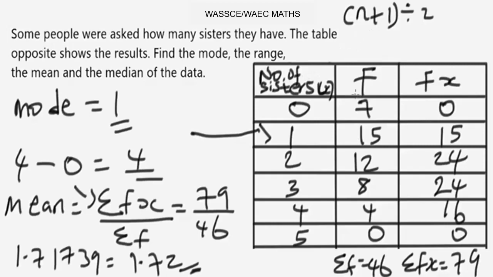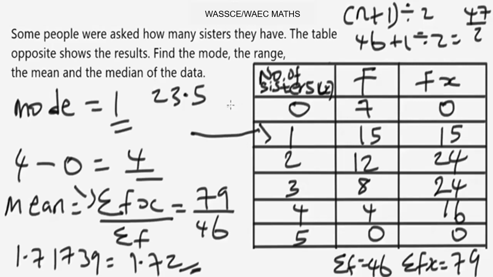So this is going to give us 46, our summation of the frequency, sigma f, plus 1 divided by 2, which gives us 47 divided by 2. When you punch it in the calculator, you are going to have it to be 23.5.